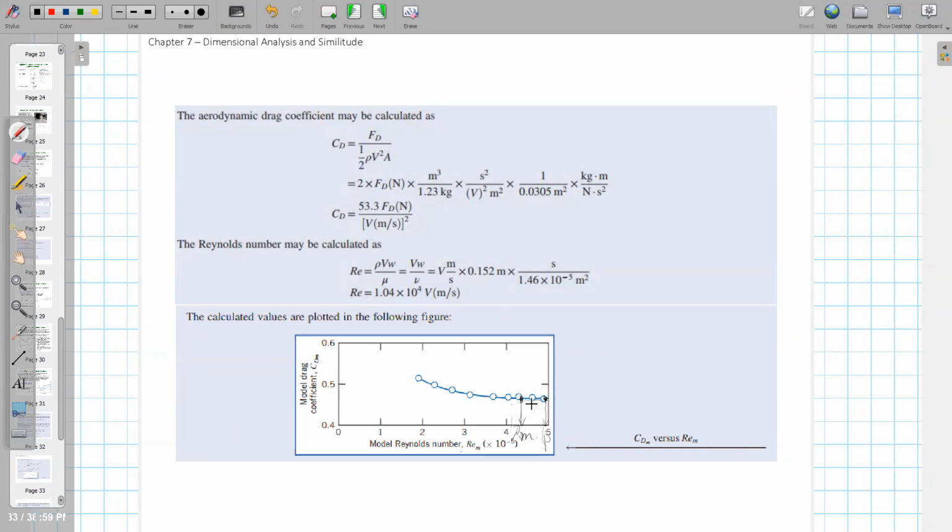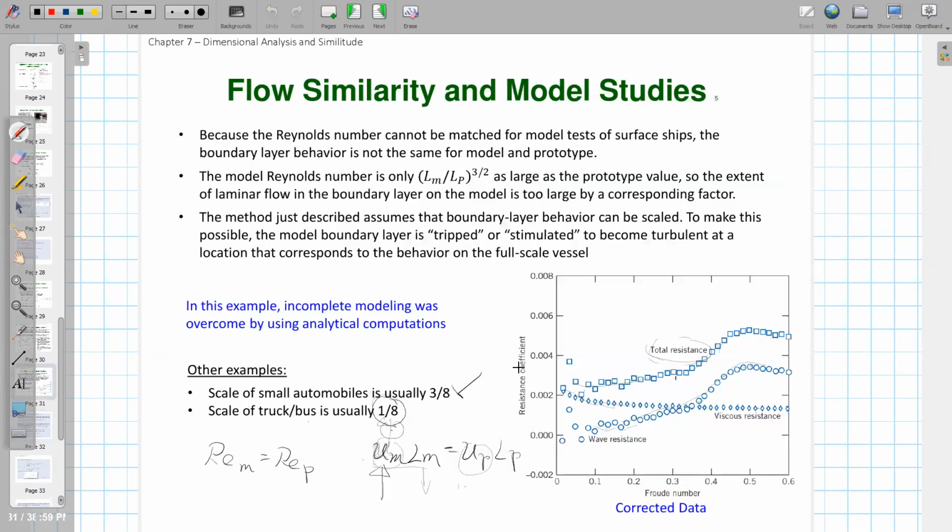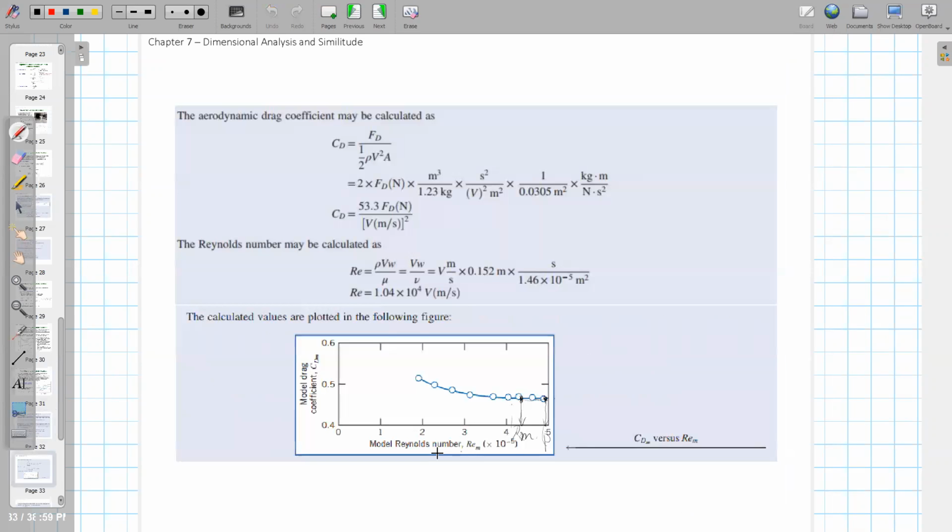We really do not need to make the velocity very large to match the same Reynolds number. We can use a relatively smaller Reynolds number in our wind tunnel. Although the Reynolds numbers here and here are not the same, they are on the same horizontal line, so they will give us the same result.